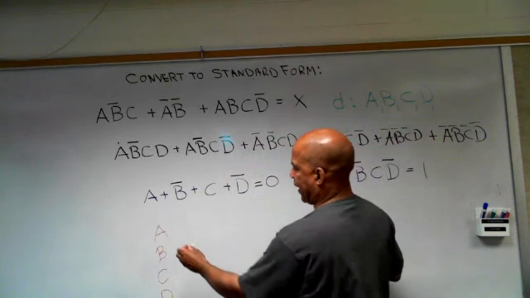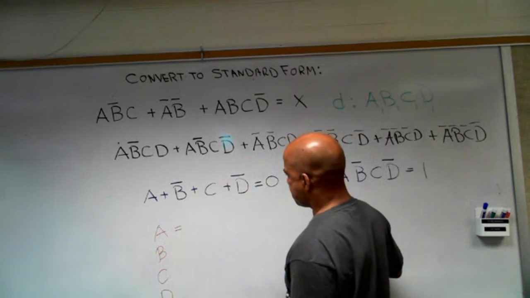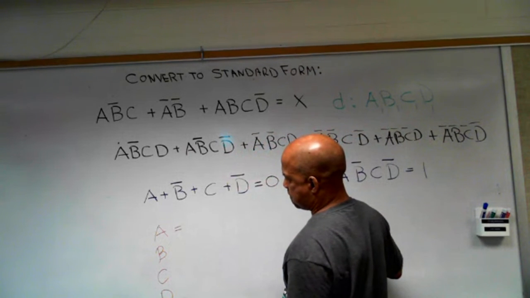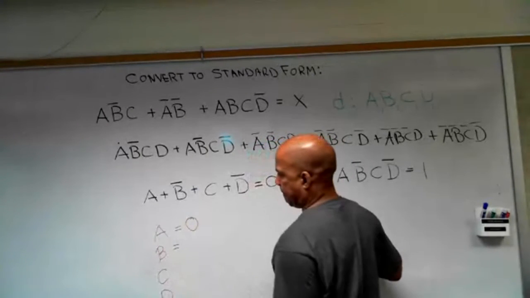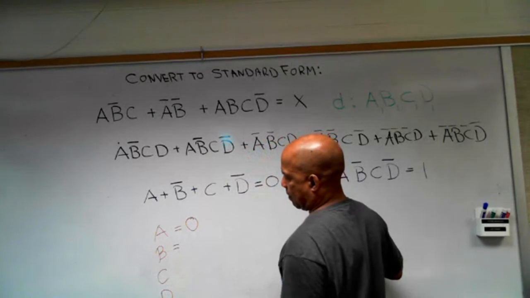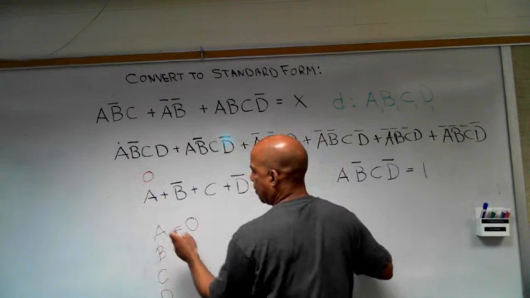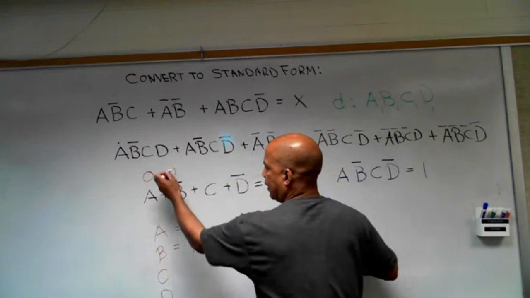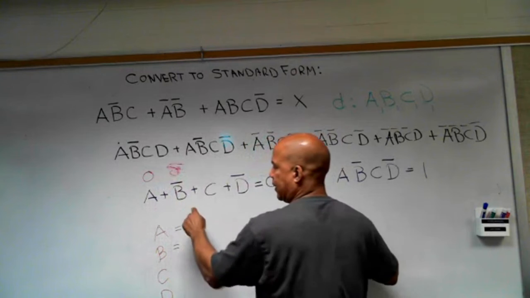In order to make this true, A needs to be a what? A 1 or a 0? A 0. This needs to be a 0. But B needs to be a what? B needs to be a 1. A is a 0. If I make B a 1, I'm barring that B, which is going to change it to a 0. So now that one there is a 0.